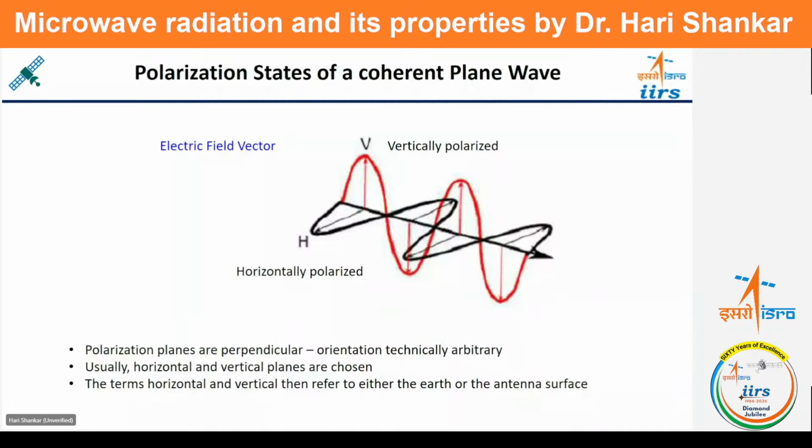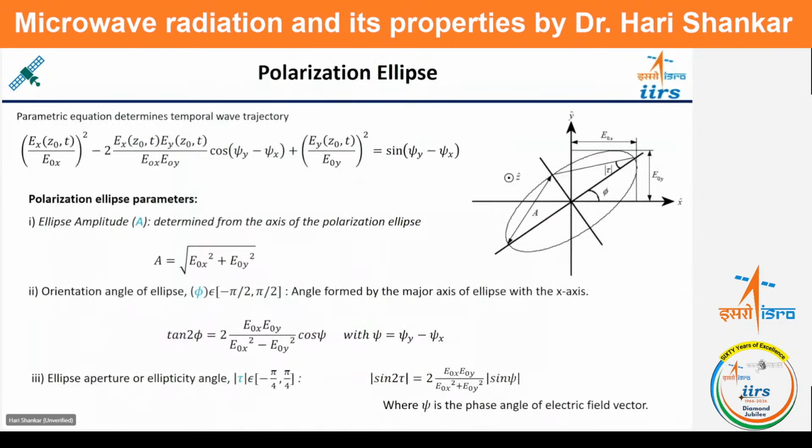Only the Indian sensor is using the circular as well as the plane polarization, both combined together, so that sensor is also called the hybrid polarized sensor, or we can say that is compact polarimetry sensing we are applying.